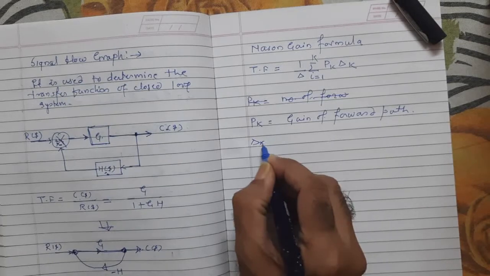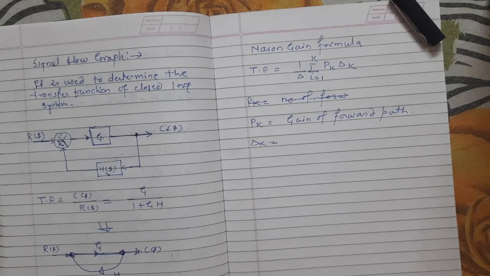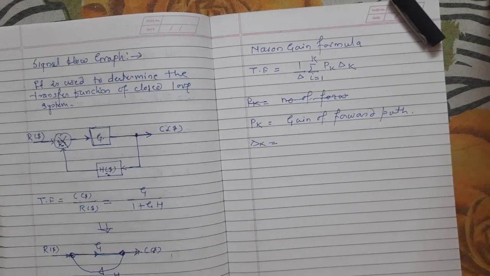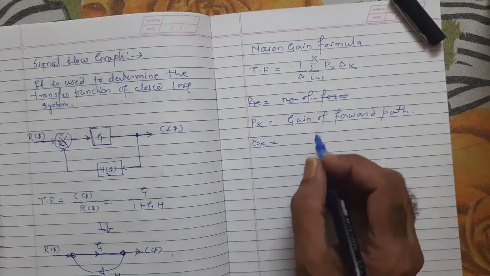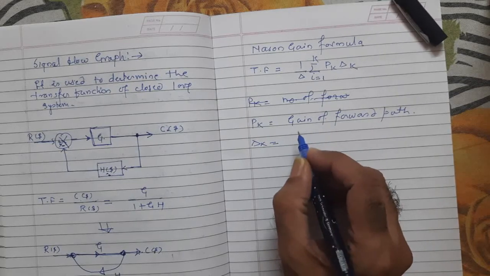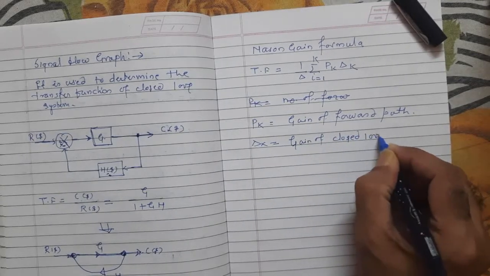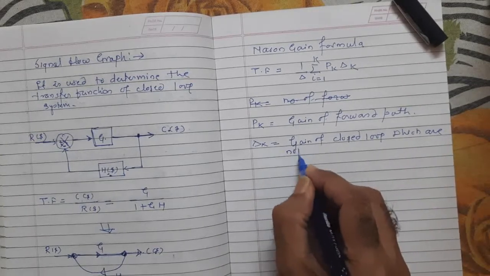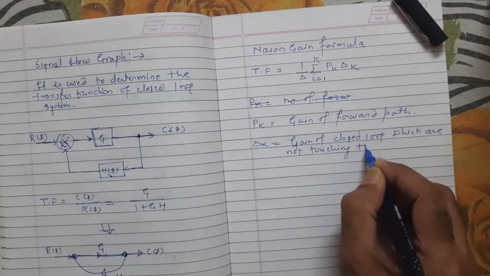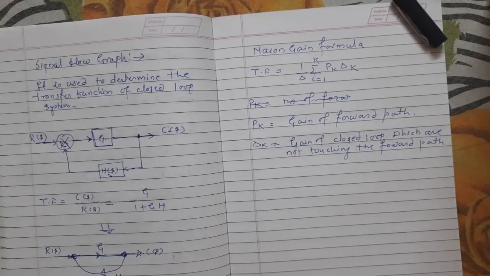And del k is equal to the gain of the closed loops which are not touching the forward path. Now just remember this one.